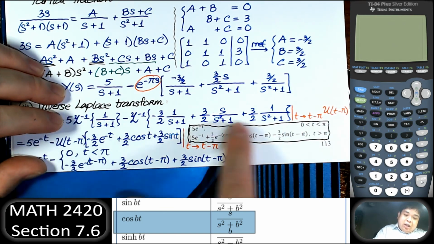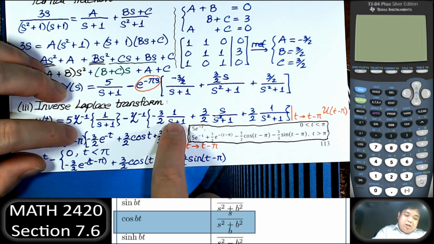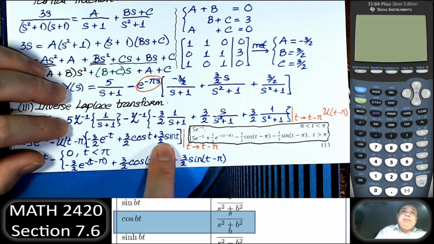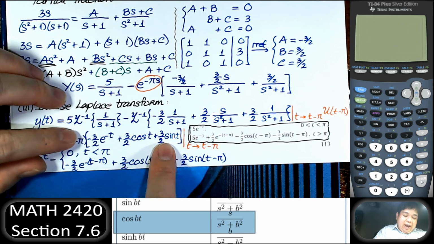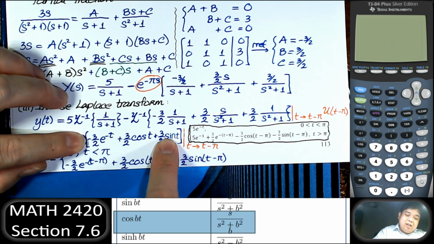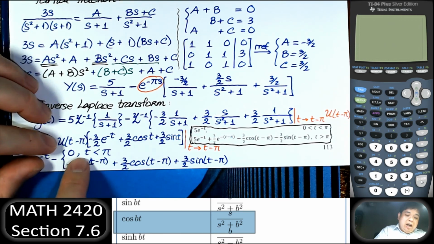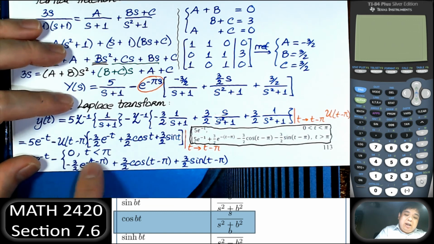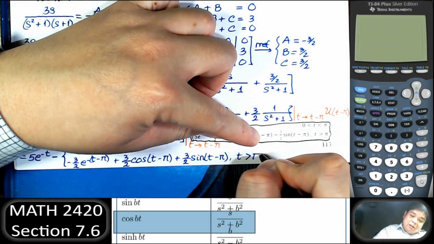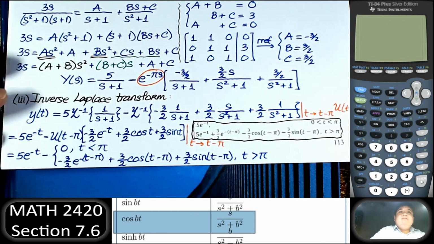So if we do that, the transform of this will be negative 3/2 e to the negative t, that cosine t, that sine t, and then we put t minus pi into t, and the unit step function turns into a piecewise function. 0 when t less than pi, and will be that when t greater than pi. And when we add that to the top and bottom, this is what we have.